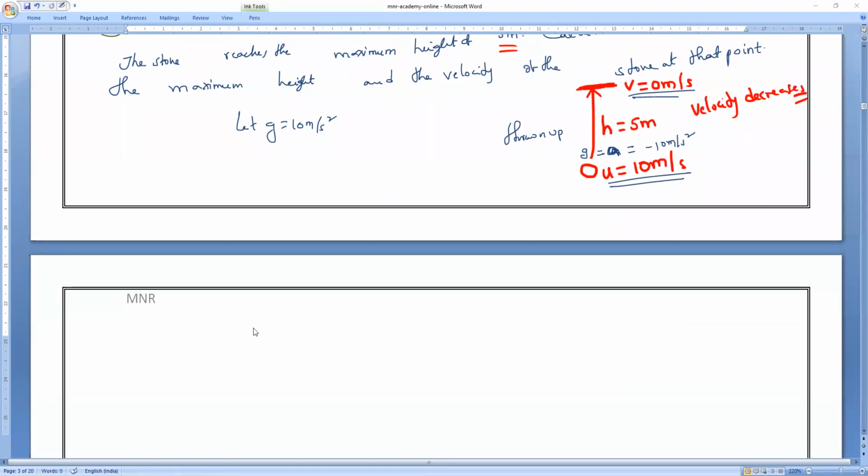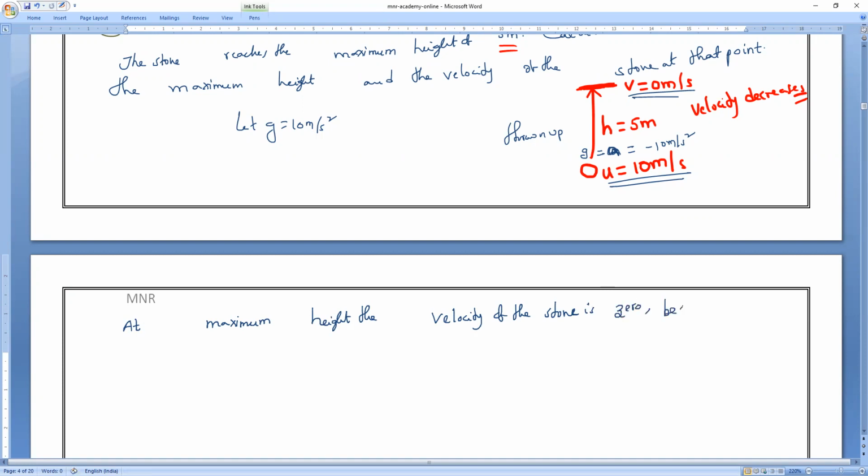So they're asking, what is the velocity at maximum height? If a body is thrown, at maximum height the velocity of the stone is 0 meter per second, because the stone comes to rest.